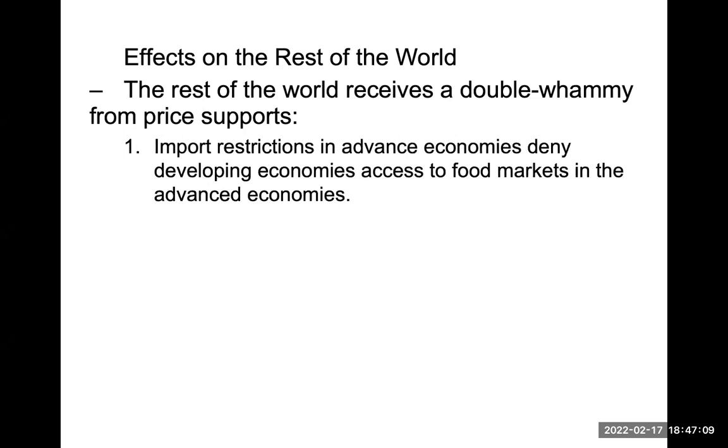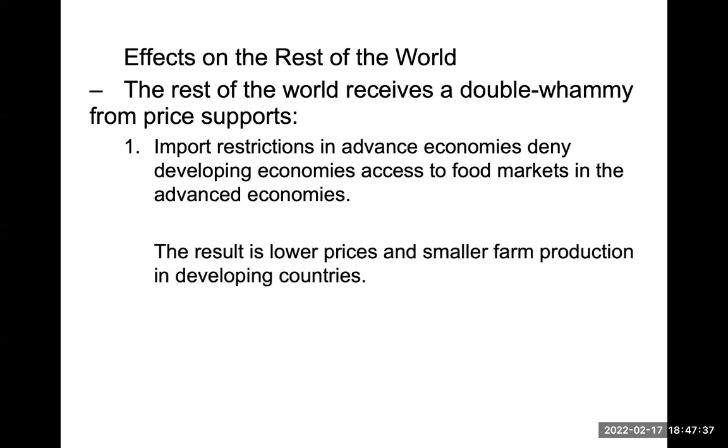Once we understand there are import and export restrictions for international trading activities, the import restrictions in advanced economies deny the developing economies access to food markets in the advanced economies. So the result would be lower prices and smaller farmer production in the developing countries.